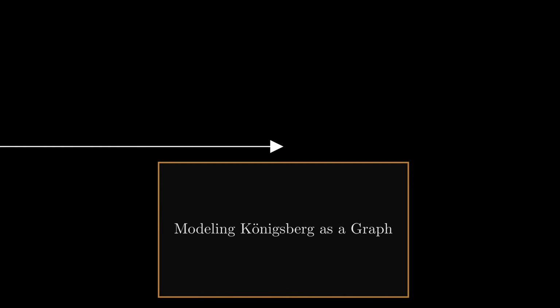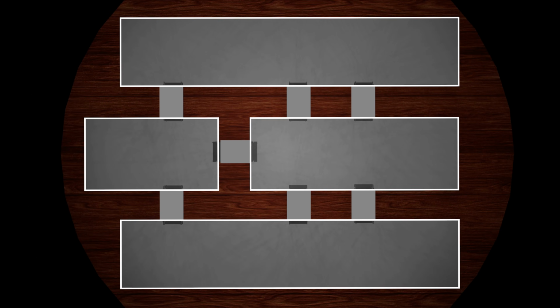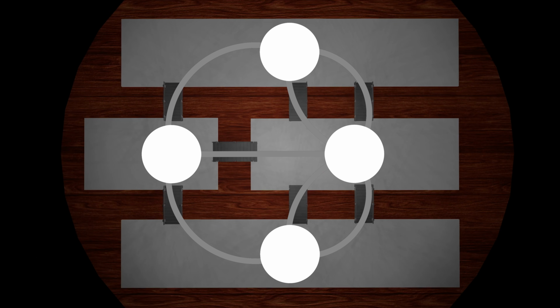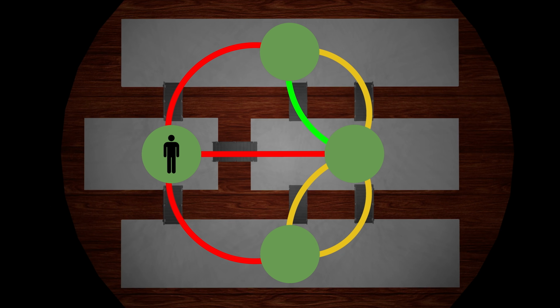Regarding this, we considered a simplified model with 4 islands and 7 bridges representing Königsberg. And then the Königsberg bridge problem broke down into a graph theory problem, more accurately into the problem of finding a sequence of nodes in the graph, called walk, that visits every edge exactly once.